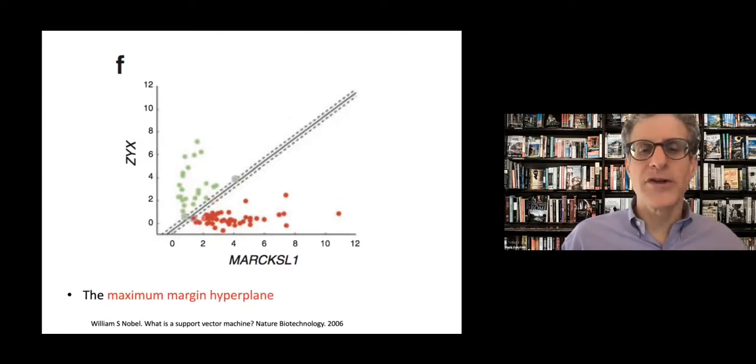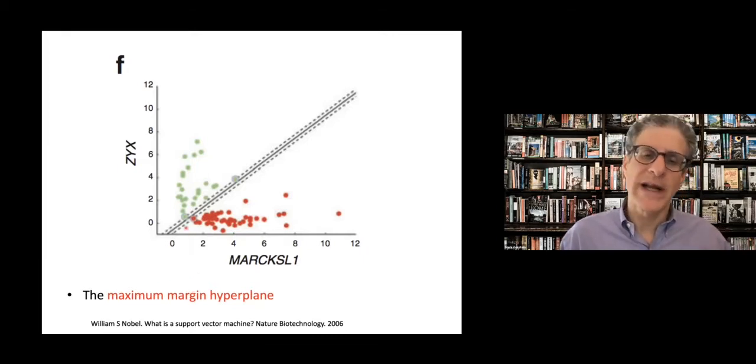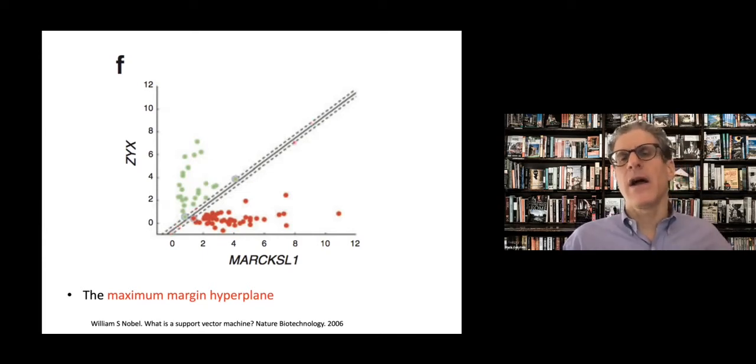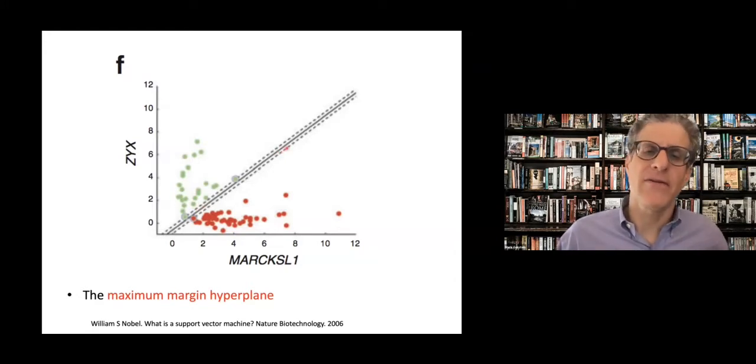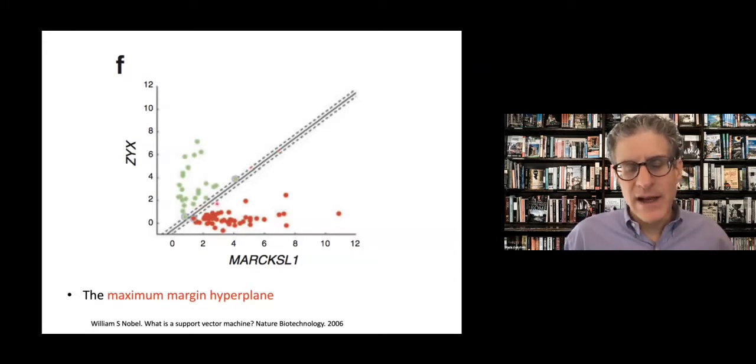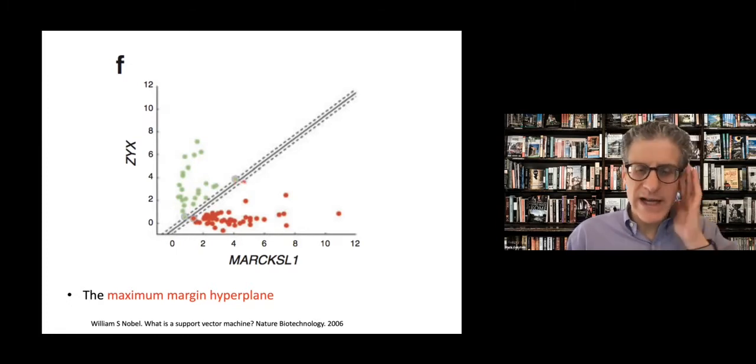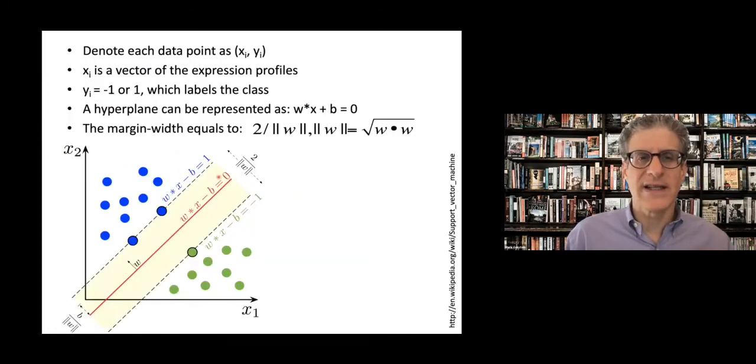So what you want to do here is find what's called the maximum margin hyperplane. And in this two-dimensional example, it would be the line, or in 3 dimensions, a plane, or in 4 dimensions, a hyperplane, that is maximally far away from all the classified data instances. So you can see this plane, the points that are closest to each other are these two ones, and maybe this one, and we position the plane to maximize the distance.